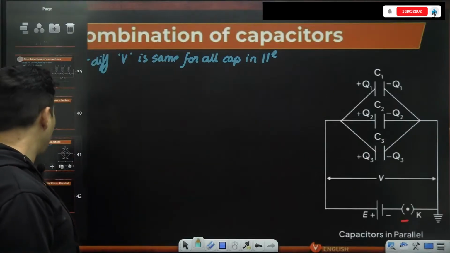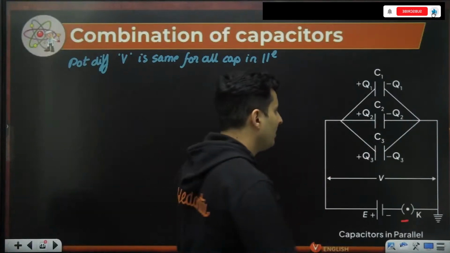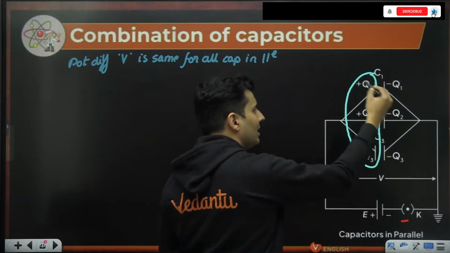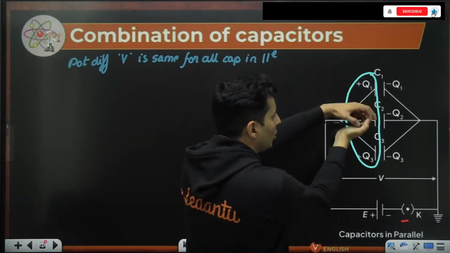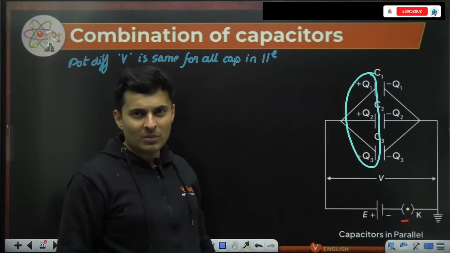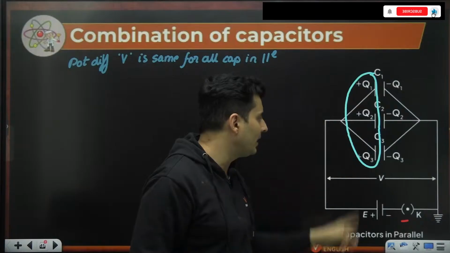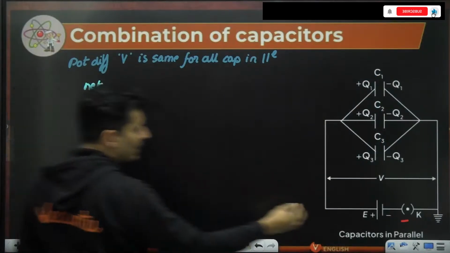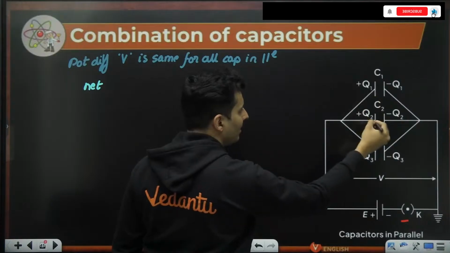But when it is in parallel, if you see all these charges on the left hand side, if I add them together, that is the total charge on a singular plate had it been there. So what is the total charge supplied by the battery? The net charge which has been supplied by the battery went here, here and here.